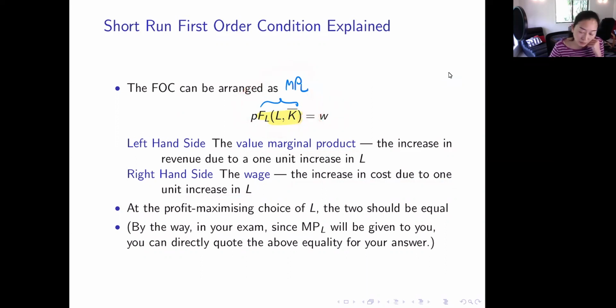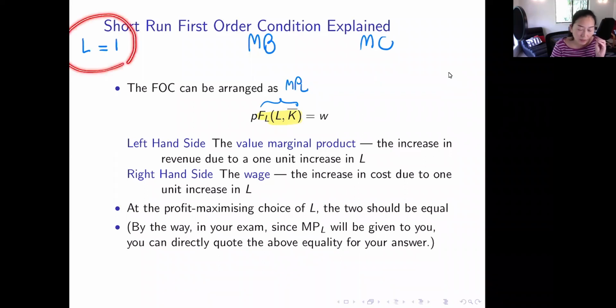Another way to think about it is marginal benefit versus marginal cost, right? So let's say L is equal to 1. I was thinking as a producer, should I employ this first unit of labor?